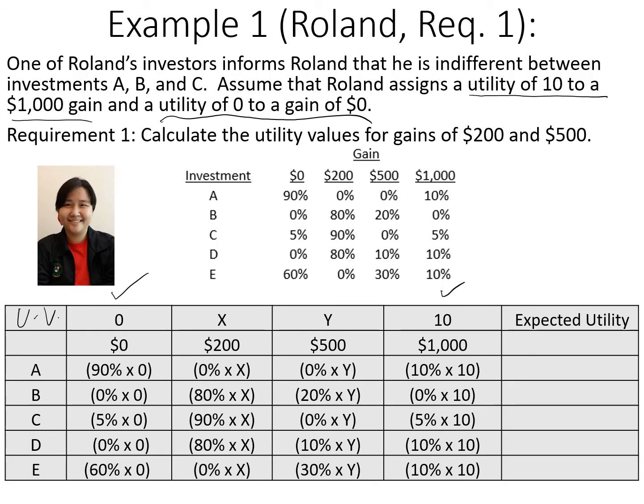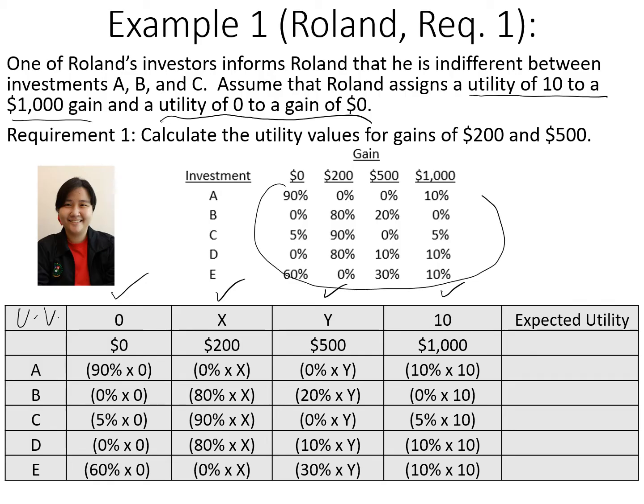And then we need to derive the utility values of gains of $200 and $500. So let X be the utility value of $200 gain, and let Y be the utility value of a gain of $500. Then we write down the equation of multiplying the probabilities to the utility values.